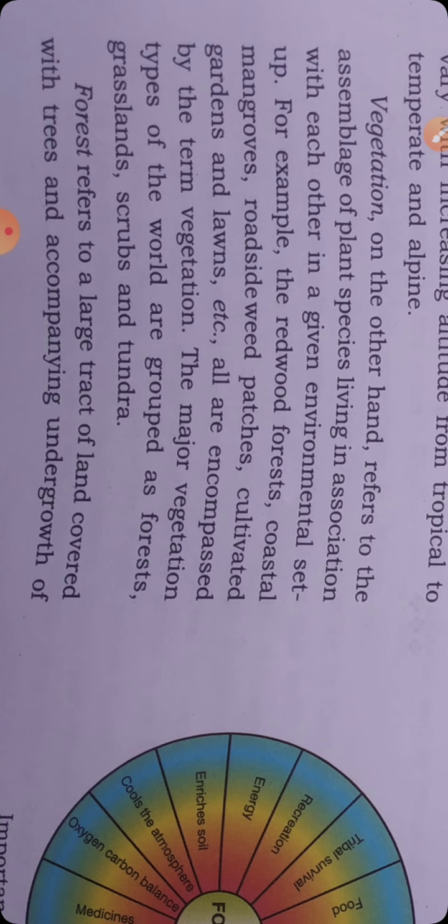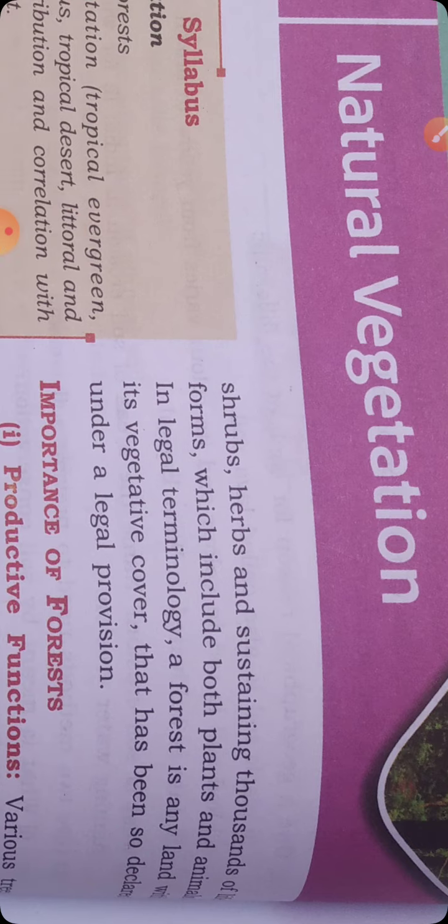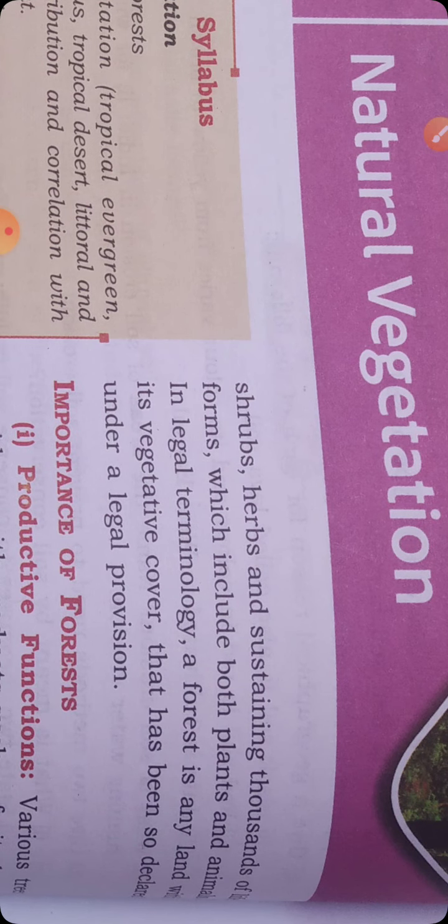The major vegetation types of the world are grouped as forest, grassland, scrubs, and tundra. Scrubs means thorny bushes, you can say. Forest refers to a large tract of land covered with trees and accompanying undergrowth of shrubs and herbs, sustaining thousands of life forms, which include both plants and animals.